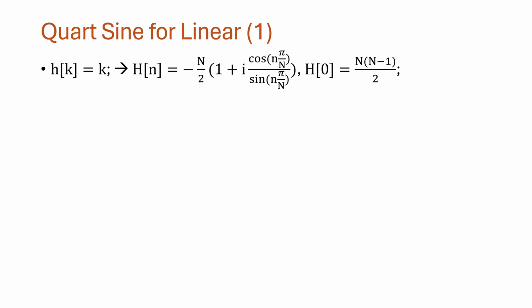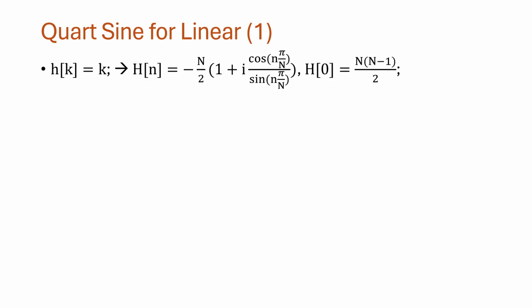Now, let's use another signal, a linear signal. A linear signal increases with the index, right? The transformation of this function contains cosine divided by sine. As we know, cosine divided by sine is much noisier. It has a larger numerical error at the peak than the sine. So we would expect the linear signal to be noisier.